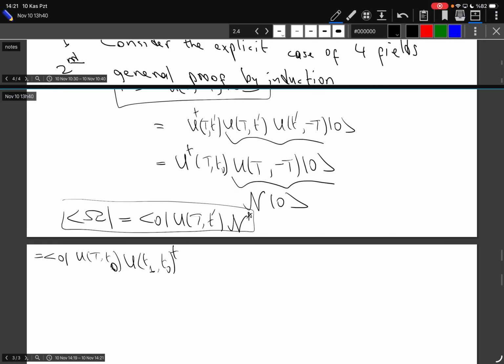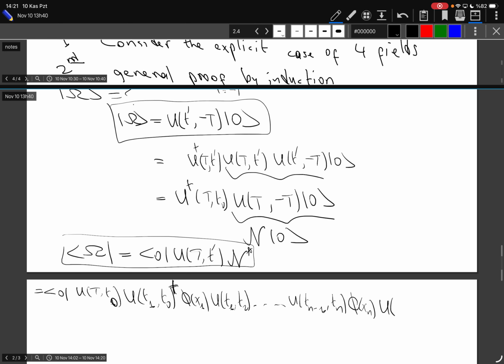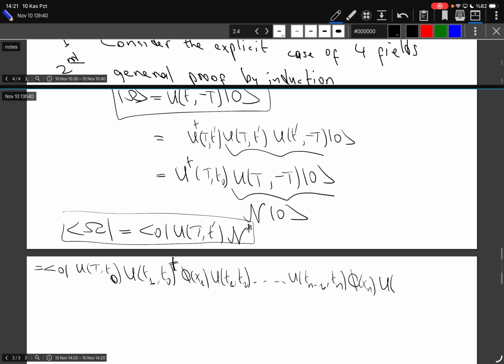So we have t1, t0 dagger, phi of x1, u of t1, t2, u of tn minus 1, tn, phi of xn, u of tn, t0, u of t0 minus T, vacuum, then I have this constant. There will be a dagger, I guess.